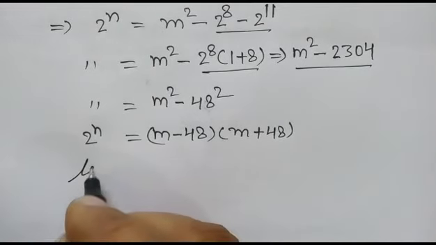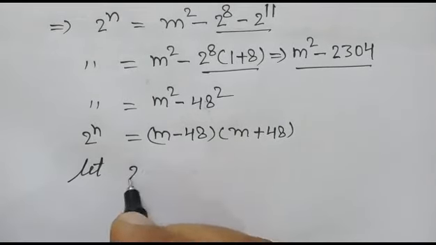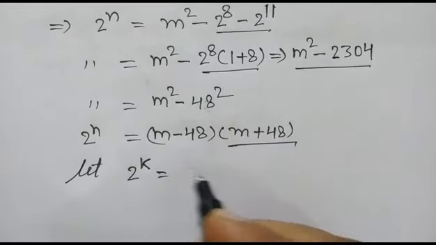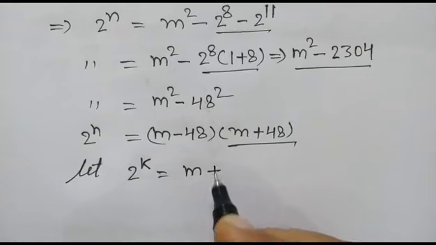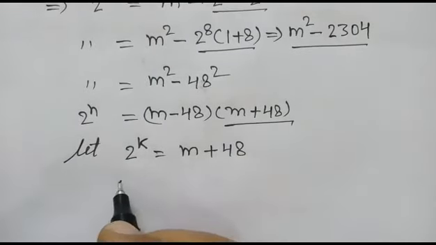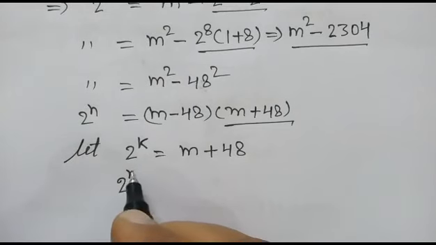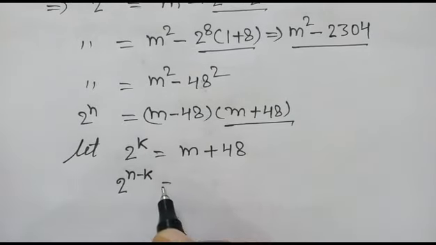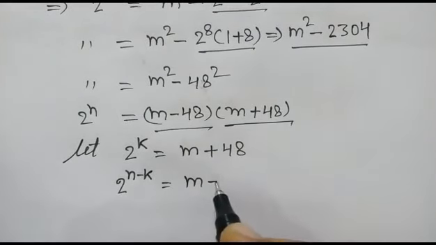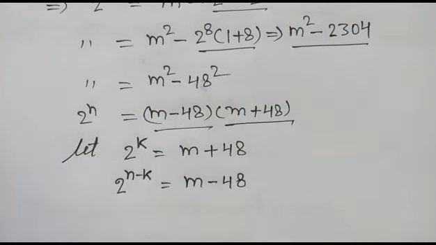Let 2 to the power k be equal to m plus 48, and 2 to the power n minus k be equal to m minus 48, right?